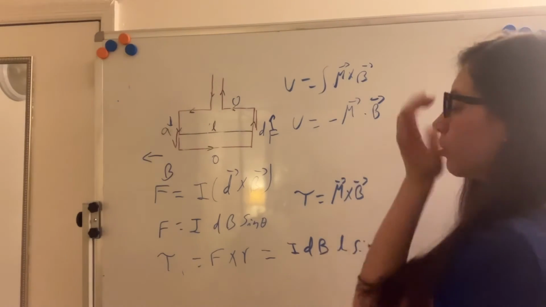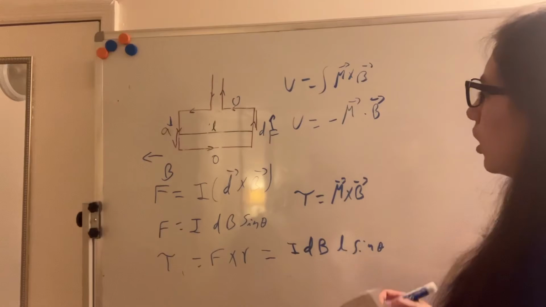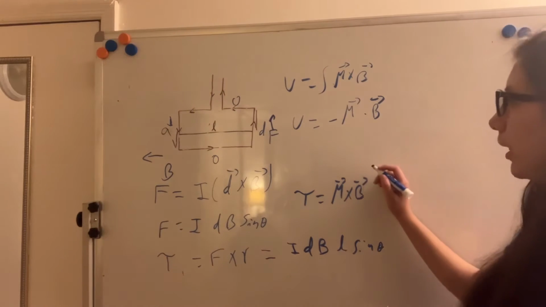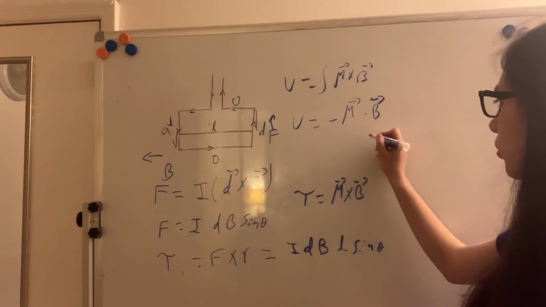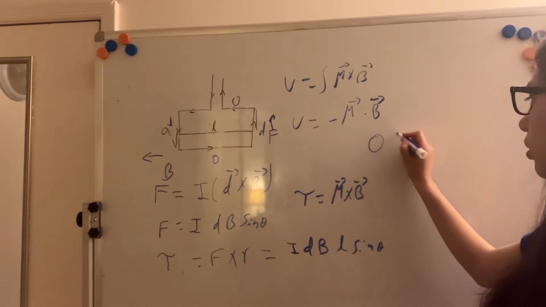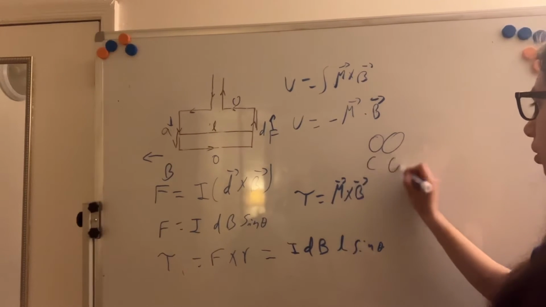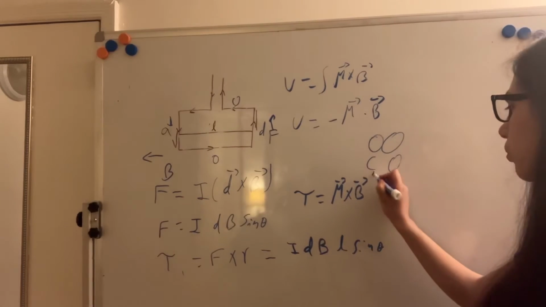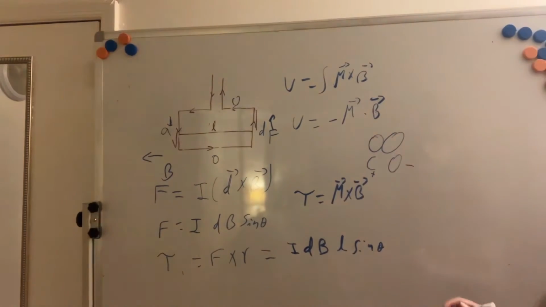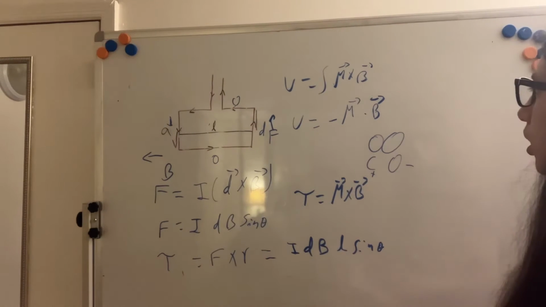Now comparing this with the electric dipole. In the electric dipole we have a polar molecule, for example, carbon monoxide. You have the carbon and you have the oxygen. This would be a little bit more positive and this a little bit negative, even though the whole molecule is uncharged.